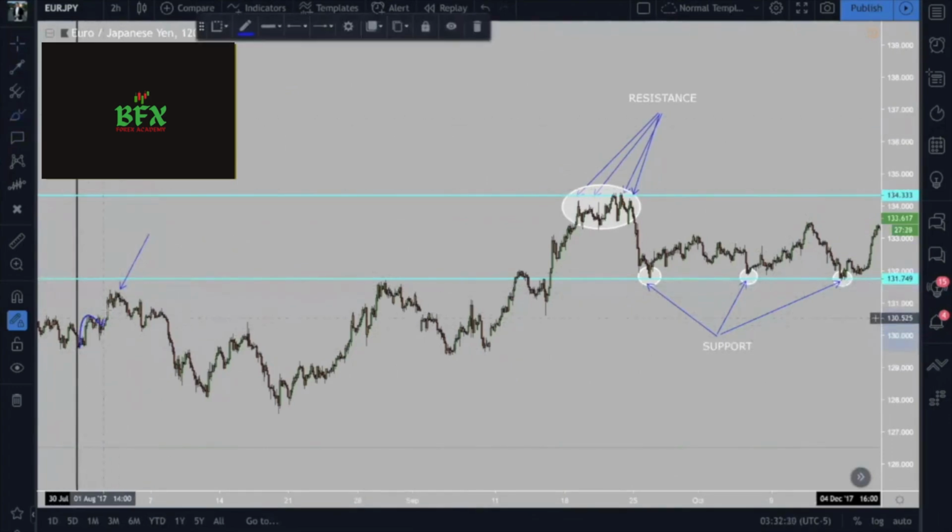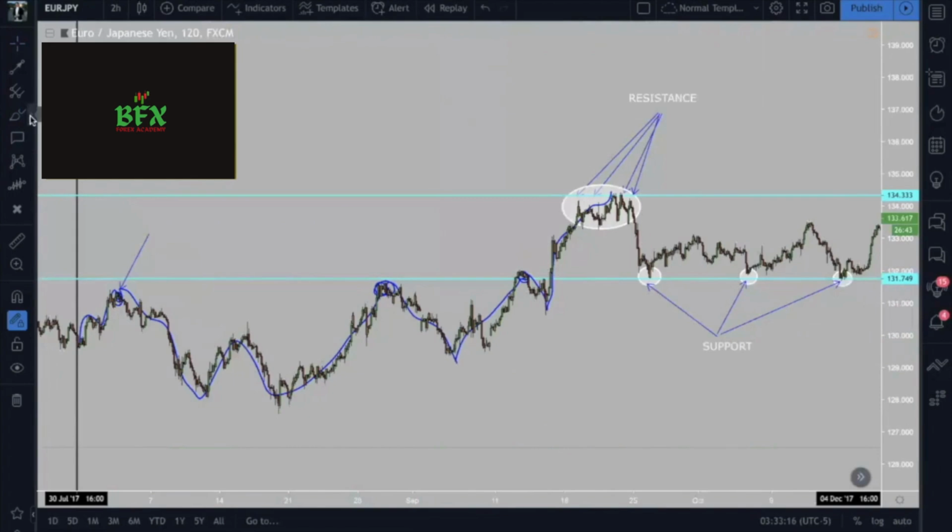Price came up to the resistance, because keep in mind we're below the level, and then dropped. And then price came back up to our resistance and then dropped. And then price came back up to our resistance, dropped, and then finally broke through and then went on to create a new resistance in the market.